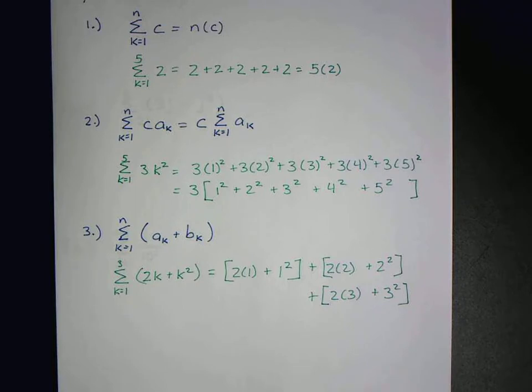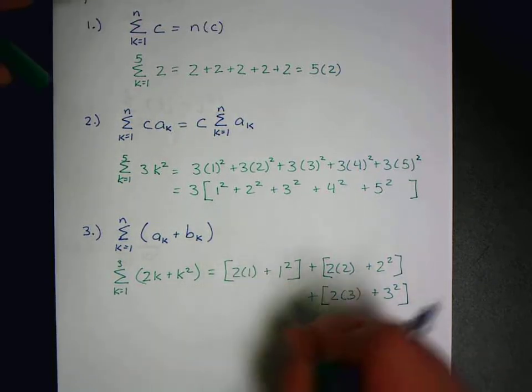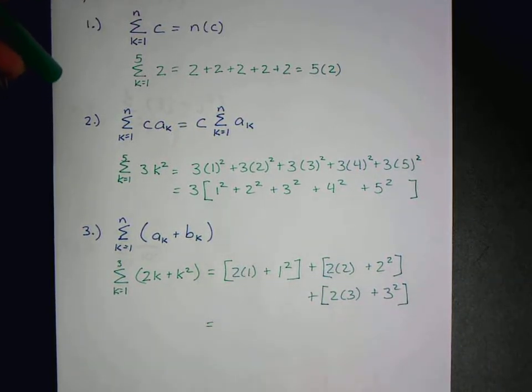What I want to do is take all the ones that are times 2 and put them together, and all the ones that are squared and put them together. Since these are all just parentheses, and since it's all just addition, I can do that.